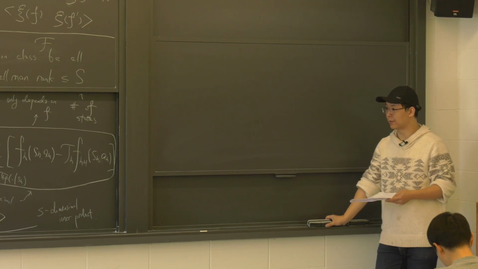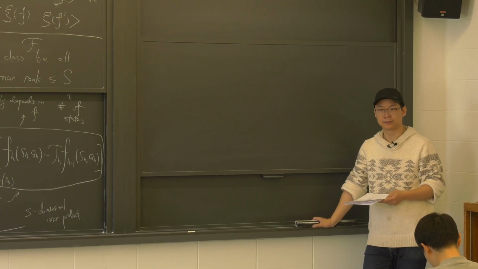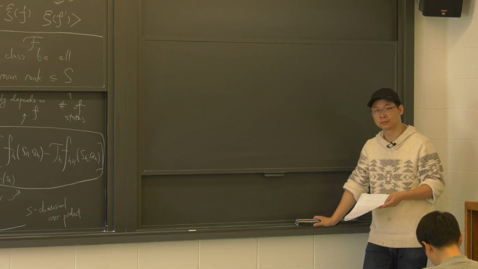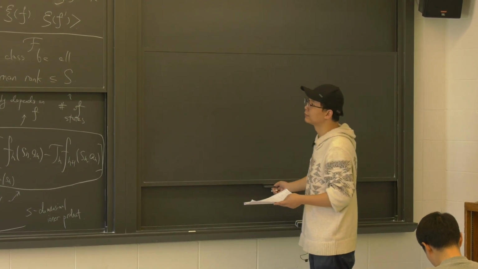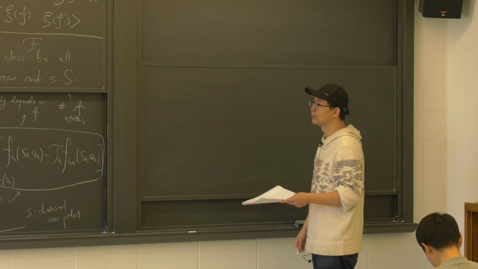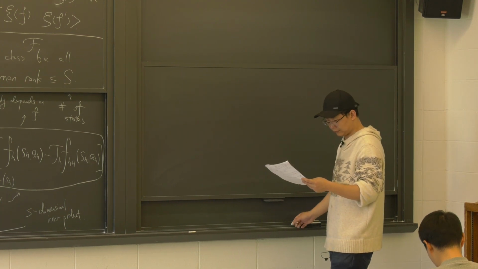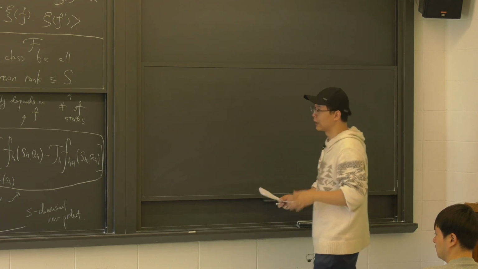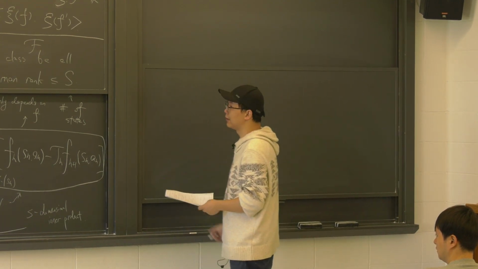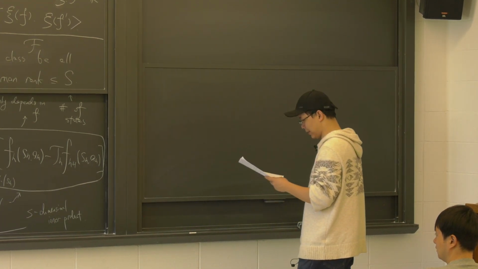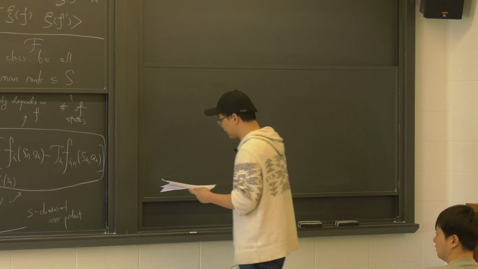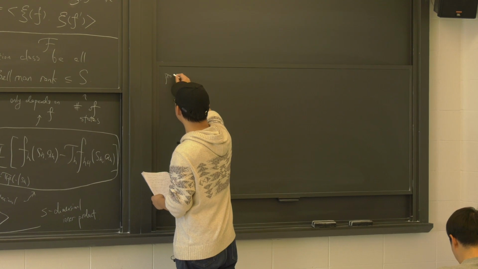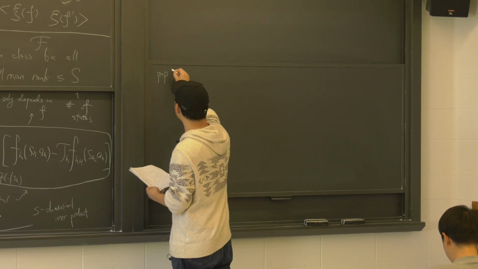Any questions about this part so far? Okay, if you are comfortable with the tabular MDP having a low Bellman rank, we can look at a second example beyond the tabular case, the linear MDP.